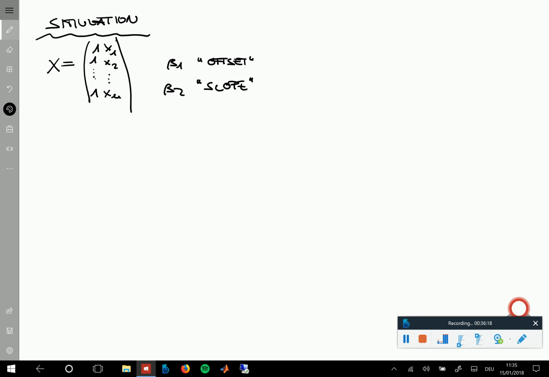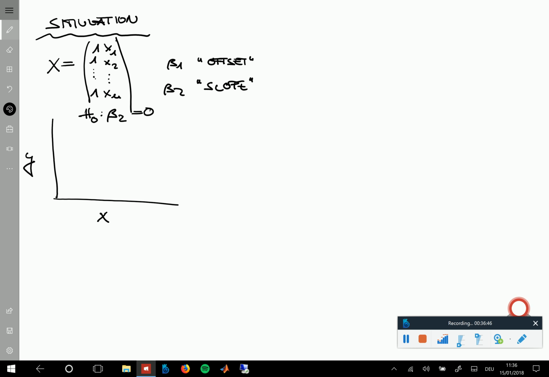What I'm visualizing in the upper left panel is the independent variable and the dependent variable under the null hypothesis that beta 2 is 0.